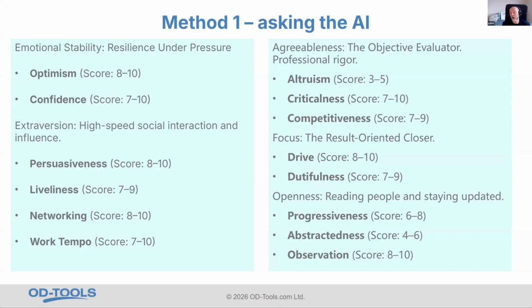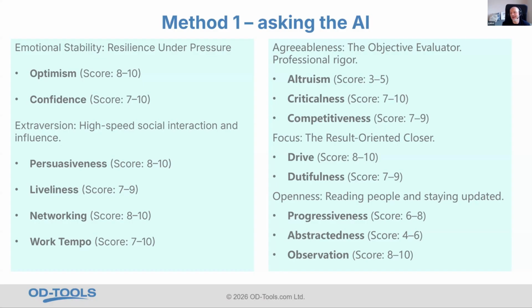Criticalness should be high, and competitiveness, because it's a very competitive field, should also be high. And in focus, drive and dutifulness, and some openness traits. Progressiveness and observation should be high, but abstractedness should be low because it's a more practical kind of job.